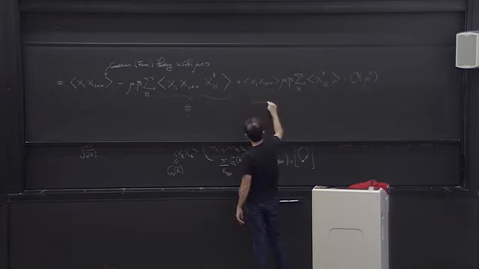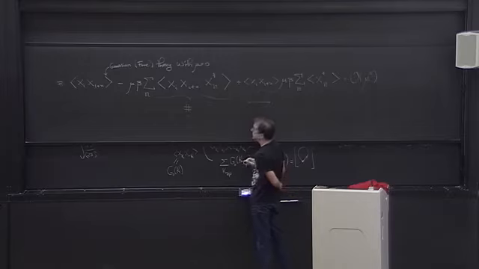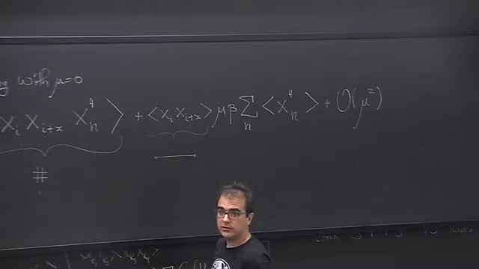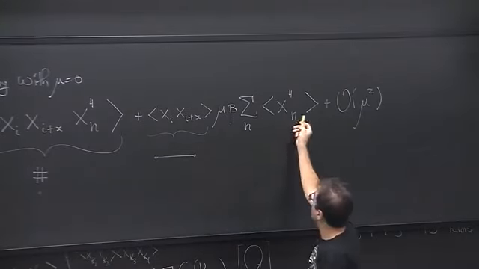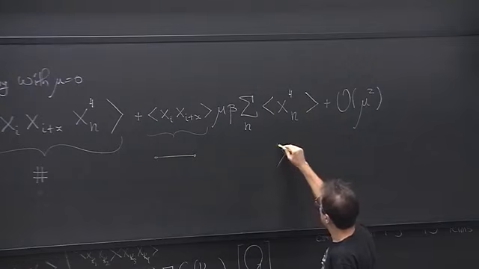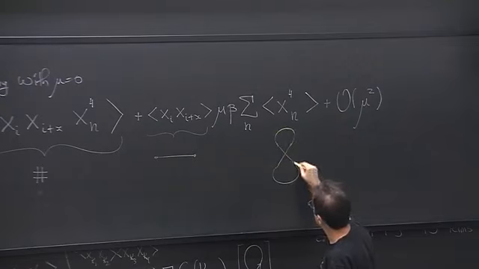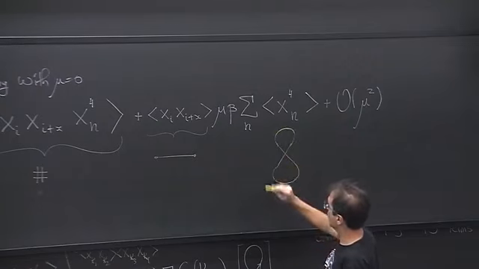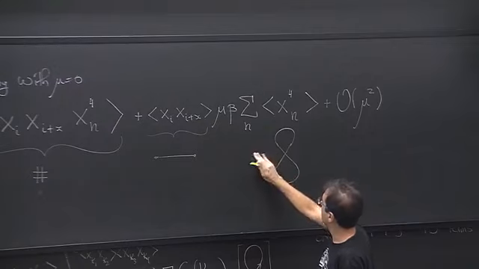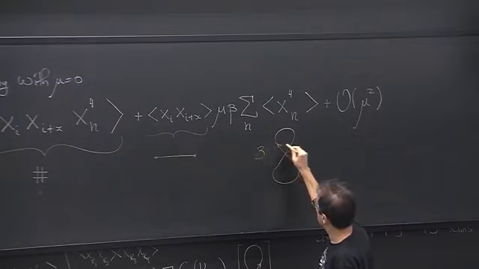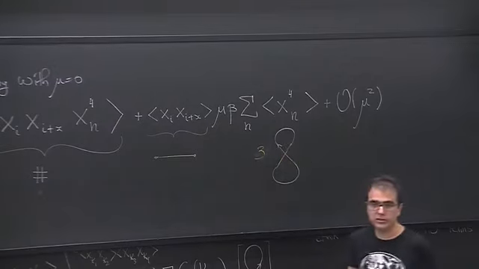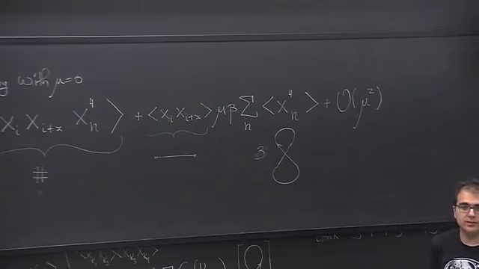There is just a single propagator, a single line. There's a single pair. And here I have a vertex. And what I do is I contract in all possible ways, but they are all equivalent. So there are 3 ways, because this guy, I choose which one to contract with, and then I'm done.